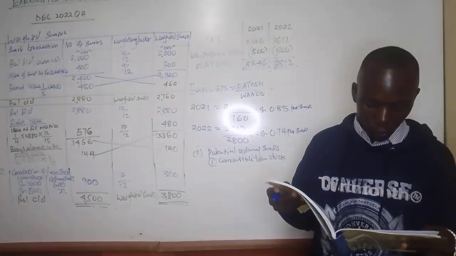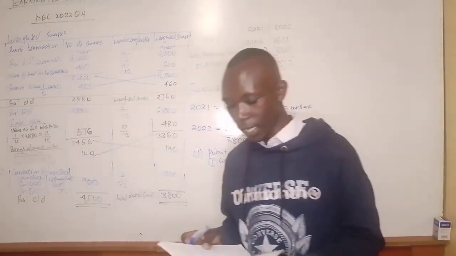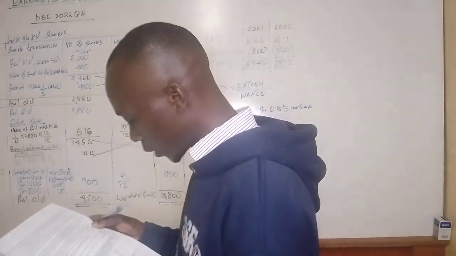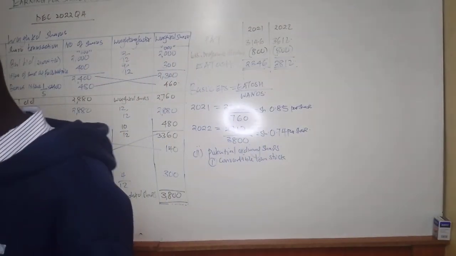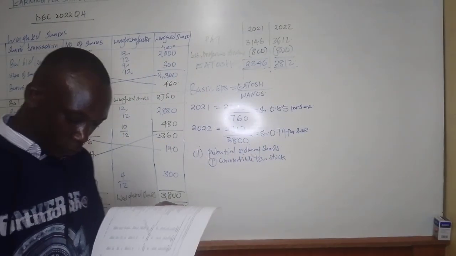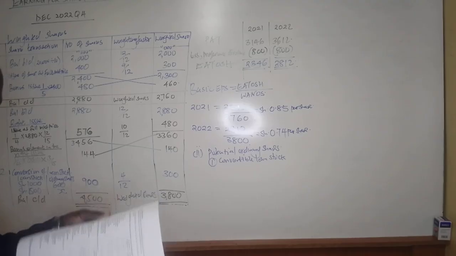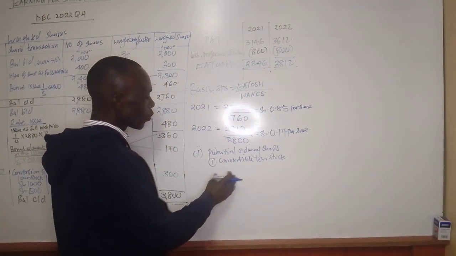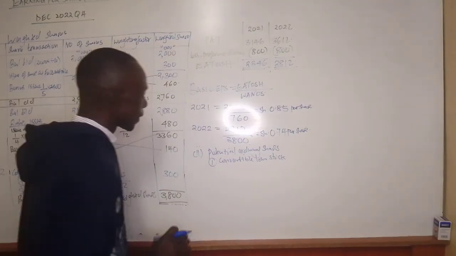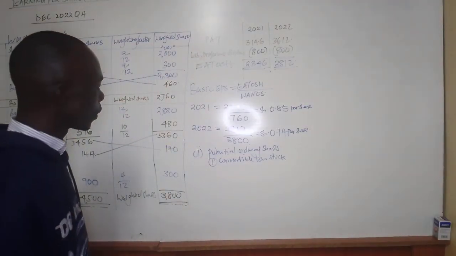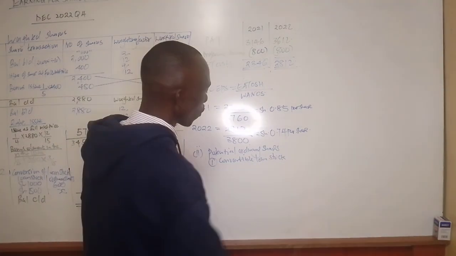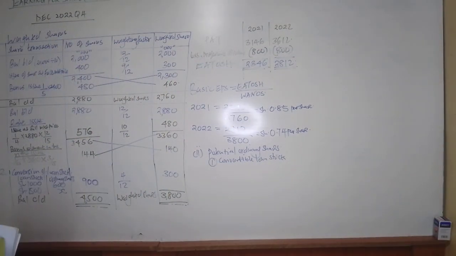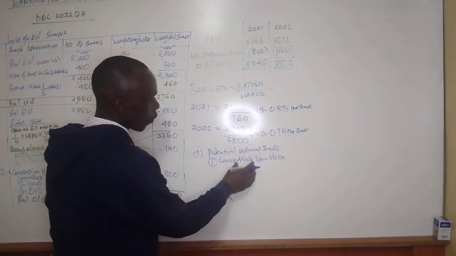And if you look at the question carefully, we don't have any other convertible potential ordinary shares. If you go to our structure, what we are given is redeemable preference shares. Redeemable are not convertible. So unless the examiner has told you about convertible securities, other securities other than the convertible one are not available for conversion. You cannot convert them. So in our case, we only had one.